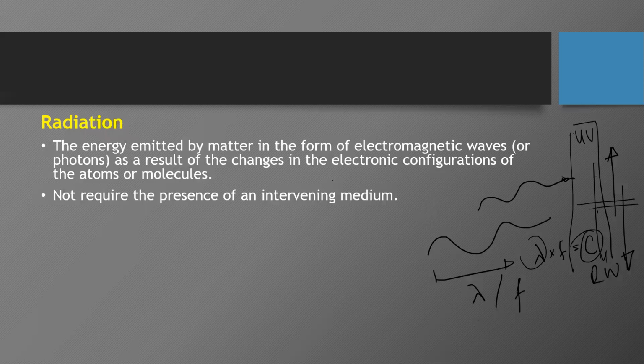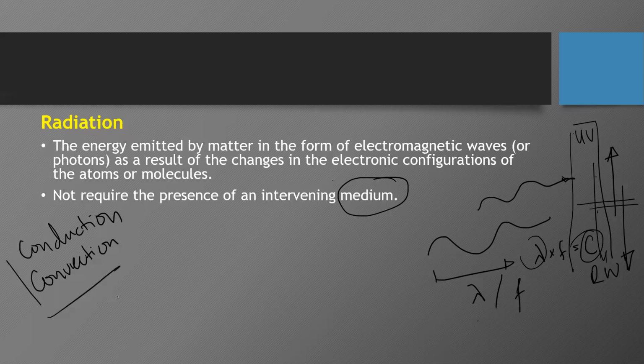For these electromagnetic waves, or radiation, we don't need any medium. For conduction and convection, we need a medium. Medium means in the phase of solid, liquid or gas, in any phase we need somehow a medium.